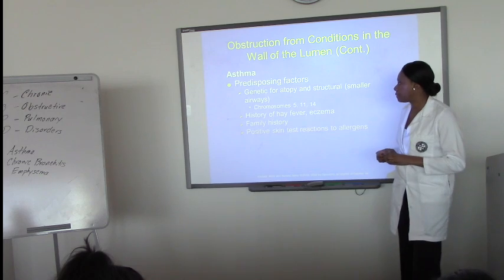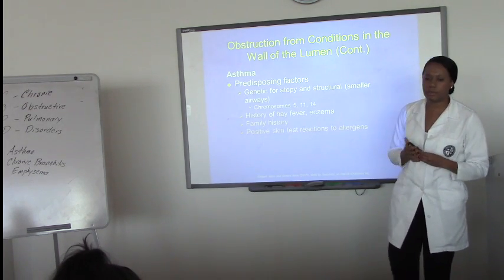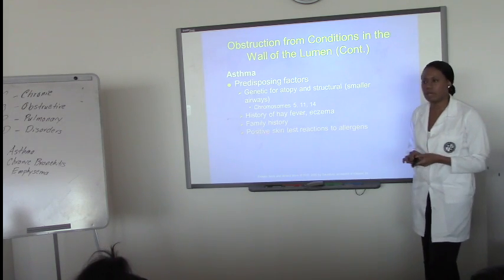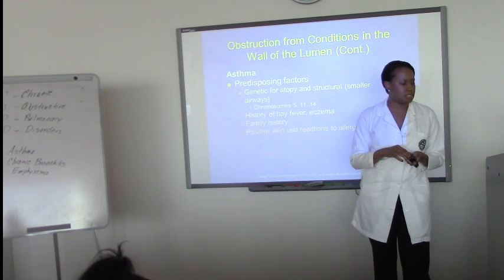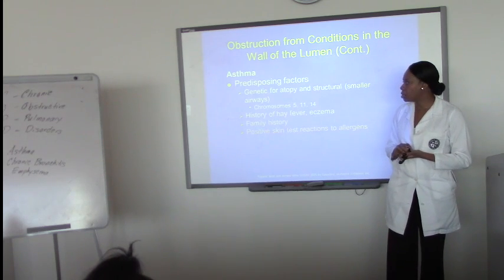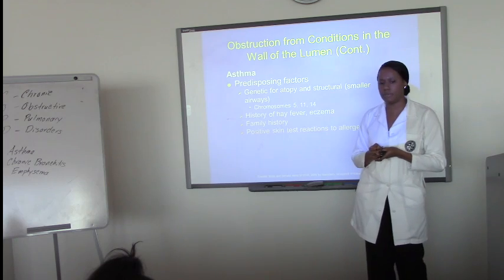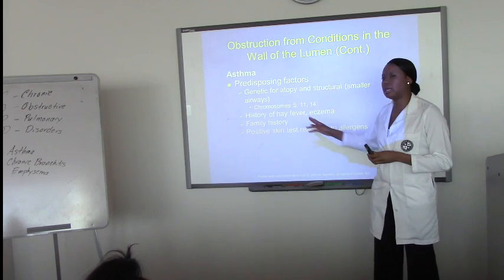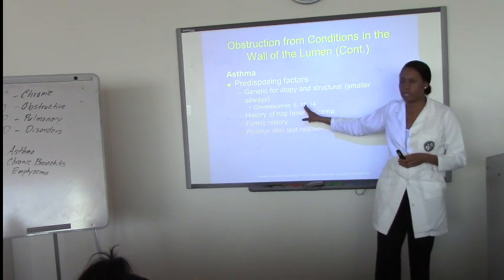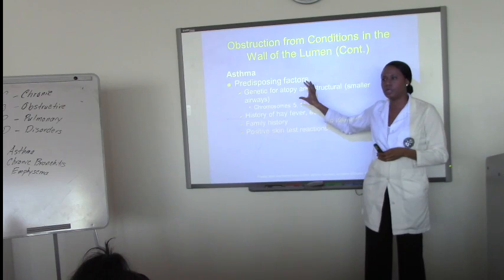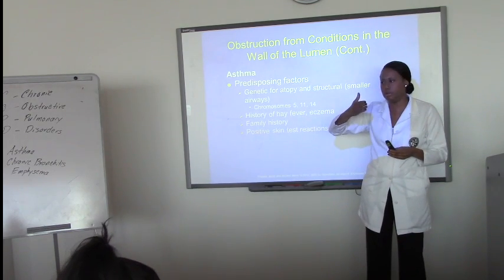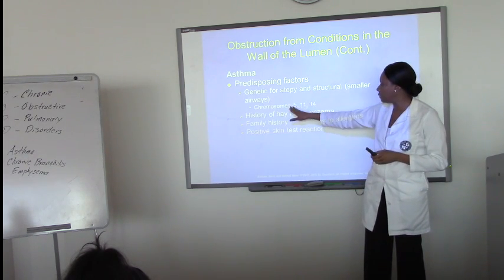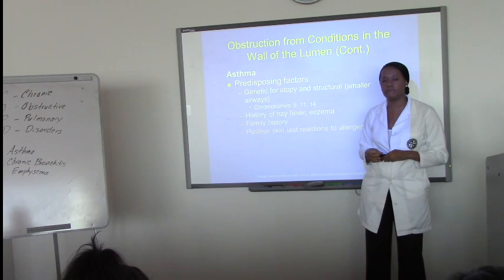Now, some predisposing factors. They do have a genetic predisposition for atopy, and I'll explain what that is. Atopy, if you want to jot this down, just means an immediate hypersensitivity reaction. Atopy stands for immediate hypersensitivity reaction. And they give you here the actual chromosomes. We know how people say, oh, asthma runs in my family, and so yes, this is genetically tested, and they give you here the chromosomes 5, 11, and 14.